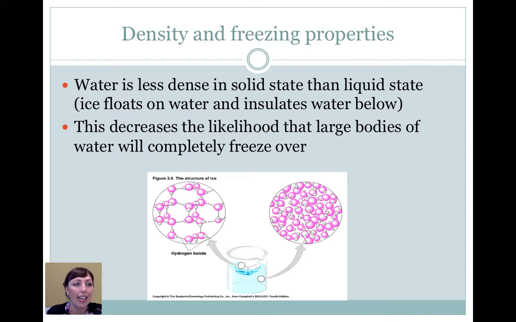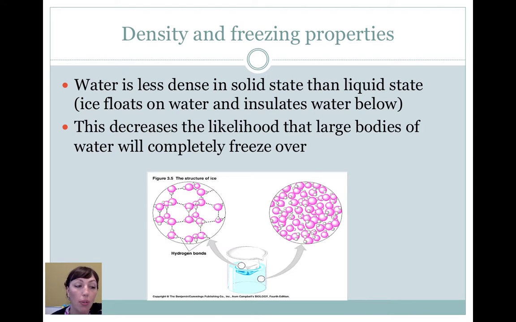What's different about ice is hydrogen bonds. Water can form hydrogen bonds, and in a liquid state, these bonds are constantly forming and breaking. You're going to have multiple hydrogen bonds forming between different molecules. And because they're constantly forming and breaking, that's giving water its fluid nature.